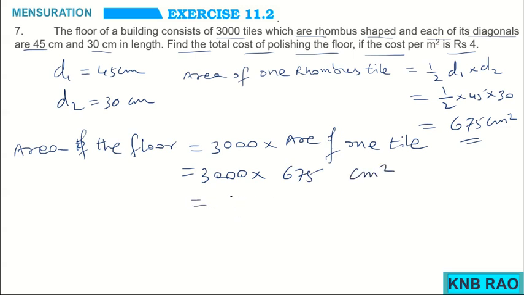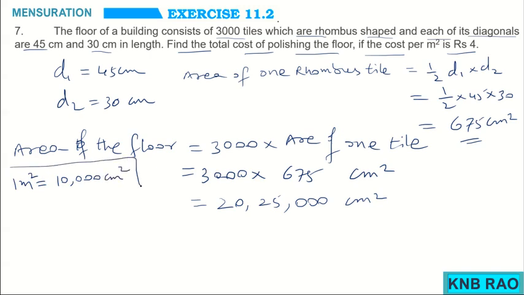So on multiplication it becomes 2,02,500 centimeter square. You know 1 meter square is 10,000 centimeter square. So on reverse, 1 centimeter square is 1 upon 10,000 meter square.